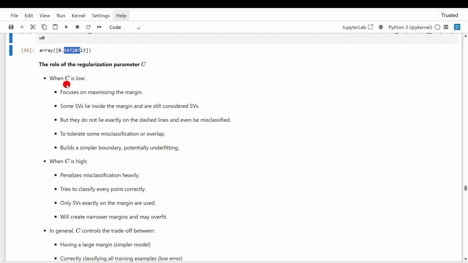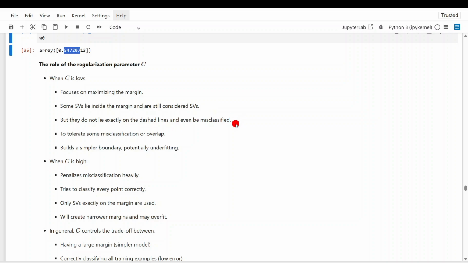So when C is low or small, it focuses on maximizing the margin between the different classes, and some of the support vectors may lie inside the margin. Those support vectors that lie inside the margin are still considered as support vectors. There could be some points that are misclassified.